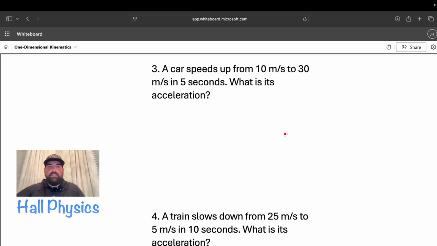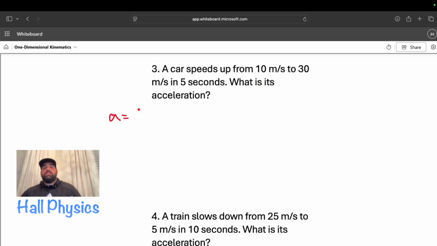Number 3 says a car speeds up from 10 meters per second to 30 meters per second in 5 seconds. What is its acceleration? If we remember from up top, our acceleration, let me fix this, A. There we go, that's an A. Our acceleration formula is our final velocity minus our initial velocity.